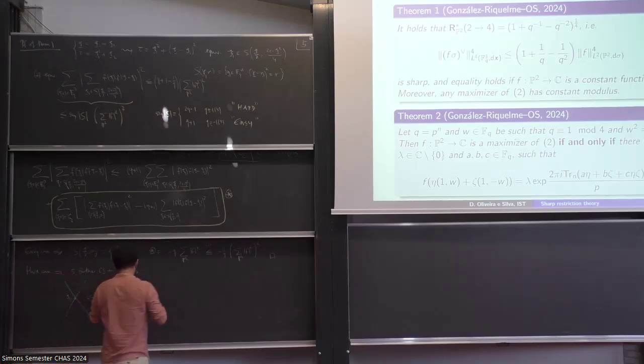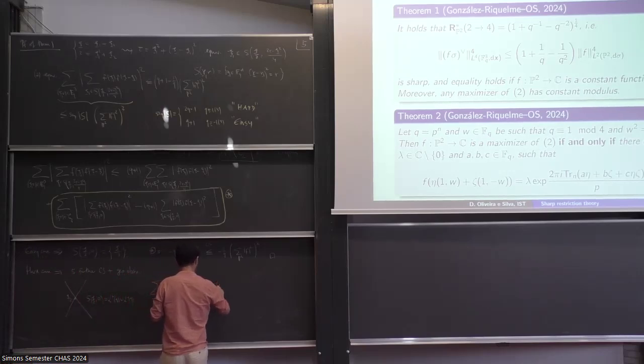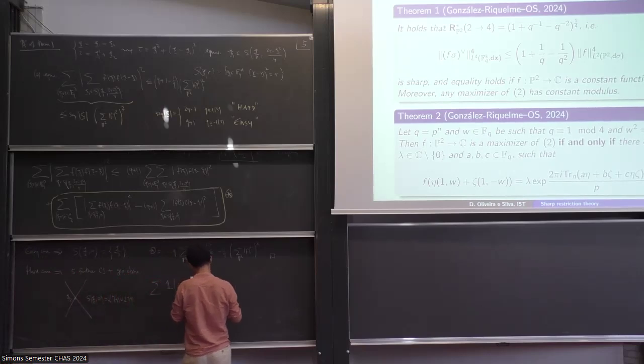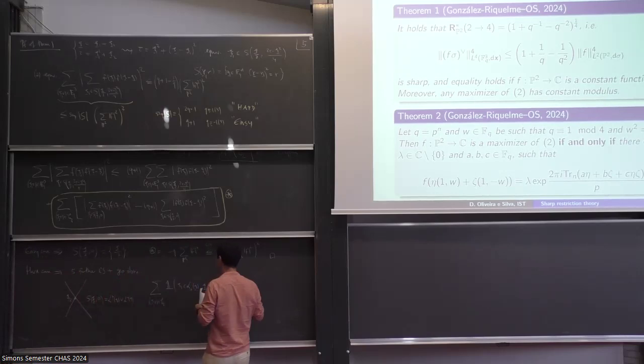And the geometric observation is that if you sum the indicator function of C1 belonging to L plus C, and C2 belonging to L minus C, and you sum this over all C in the surface, this equals 1.